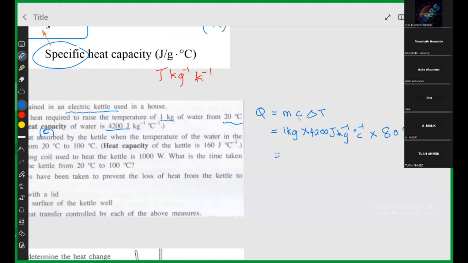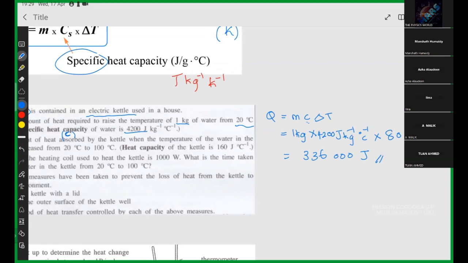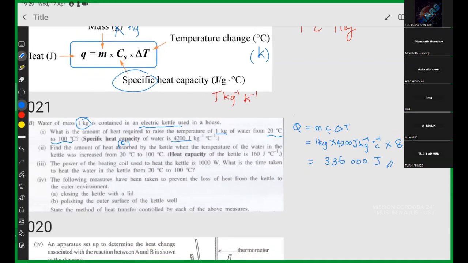So when you substitute this, what's the answer that you get? 336,000 joules. Is everyone clear? No doubts in this now? No, teacher. This is for the first one.